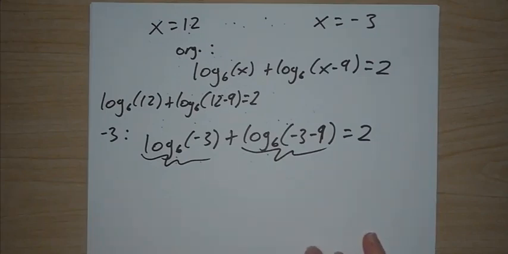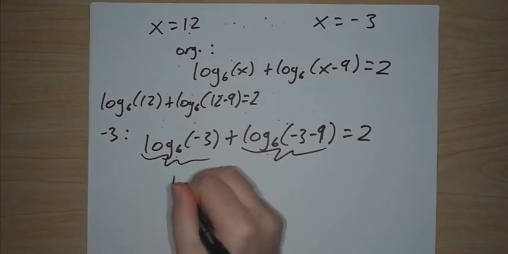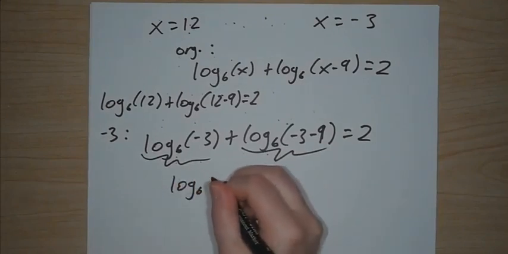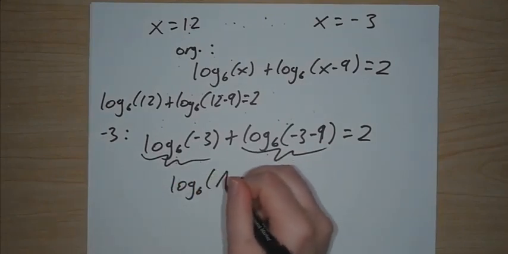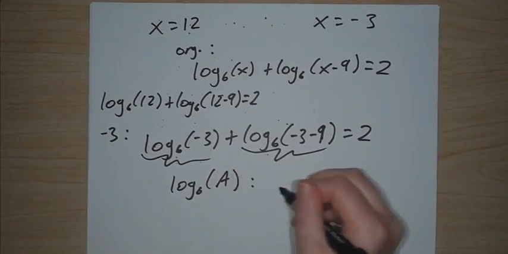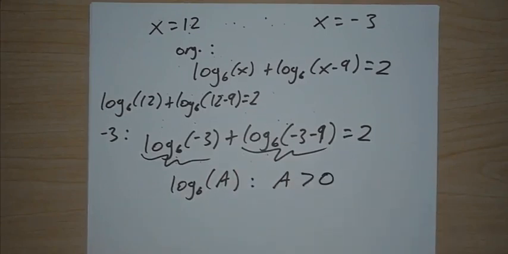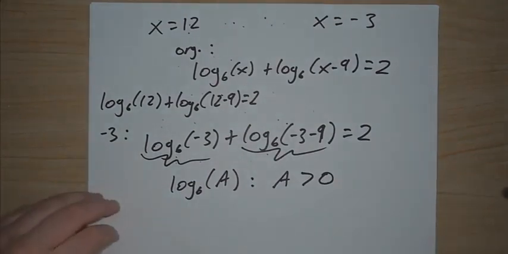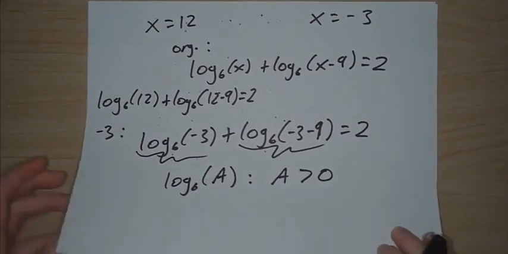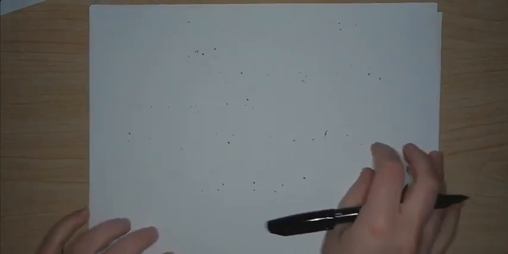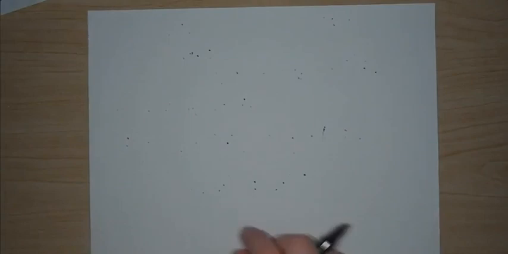And we cannot have that because for a logarithm of any value, let's say a, the a has to be greater than 0. First of all, it's beyond our domain, but I'll show it to you in exponential form so that you understand more intuitively why.